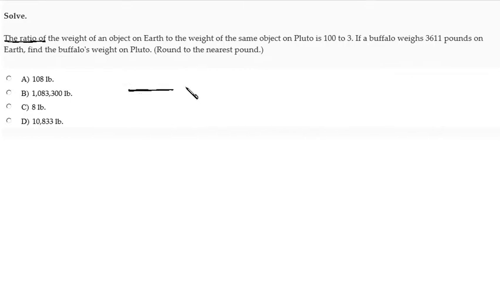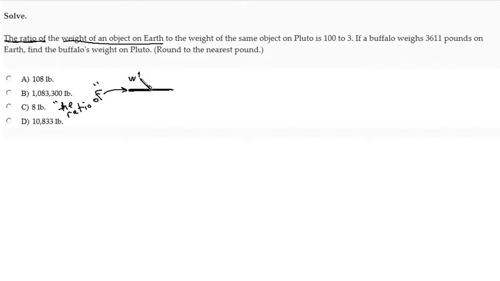In fact, when we say the phrase "the ratio of," immediately we can write the fraction bar. So when I say the ratio of something, I draw the fraction bar. The very first thing after the word "of," the weight of an object on Earth, goes in the numerator.